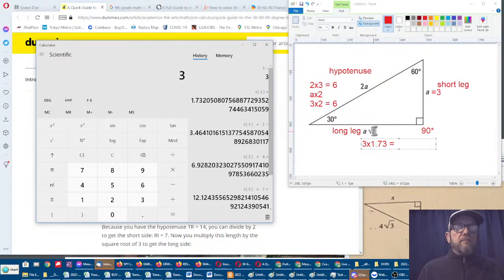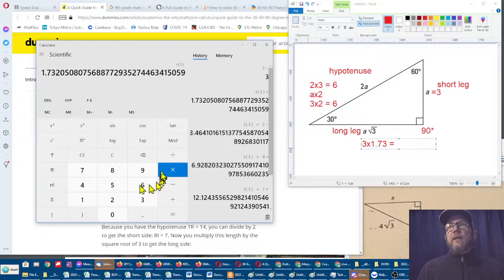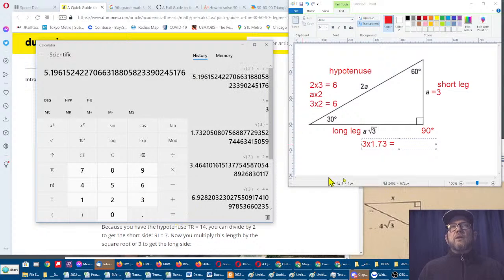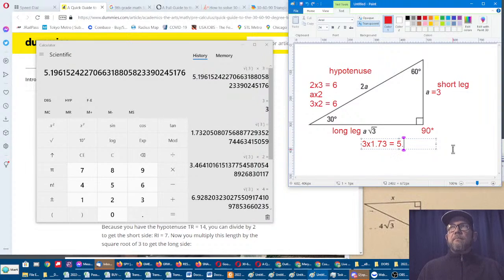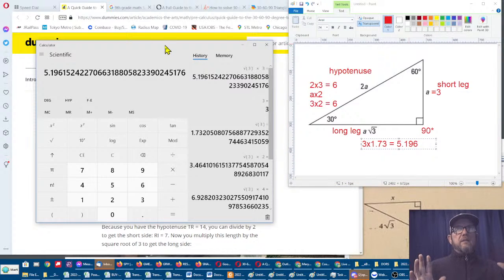Let's pay attention to this part: the square root of 3, then multiply by 3, equals. So the answer is about 5.196. That's the basic.